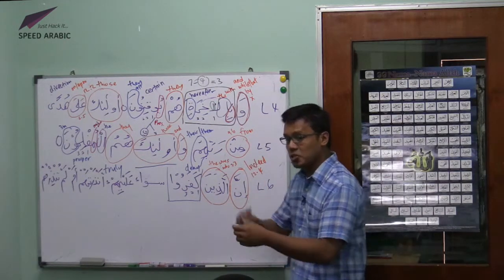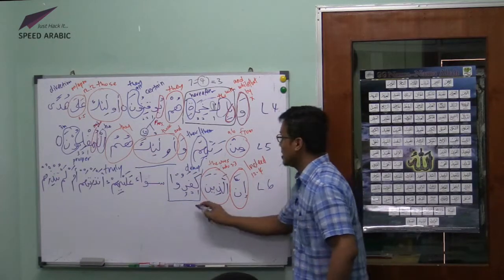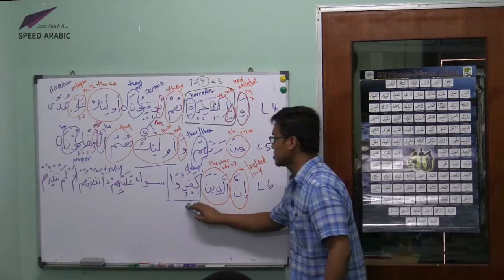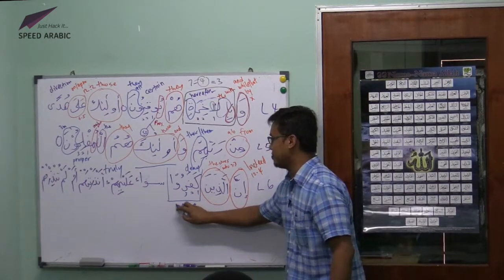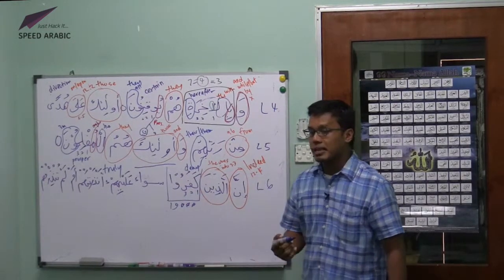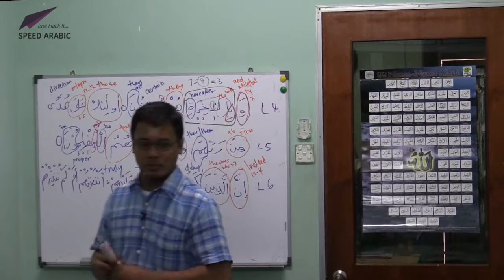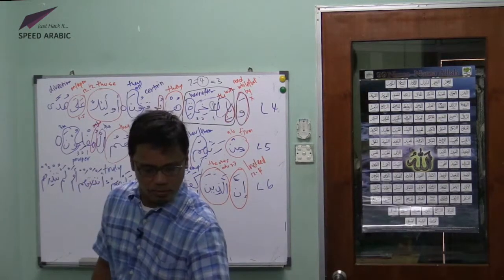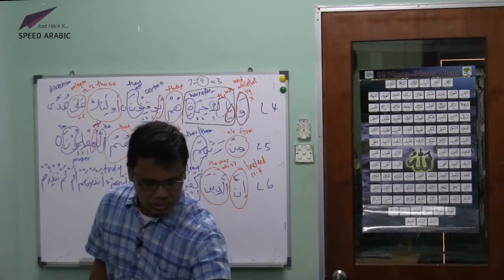So when it's a verb, you look at the verb column. At the verb column, three roots, and after which is waw alif. What number is that? Okay, it's 3.9.